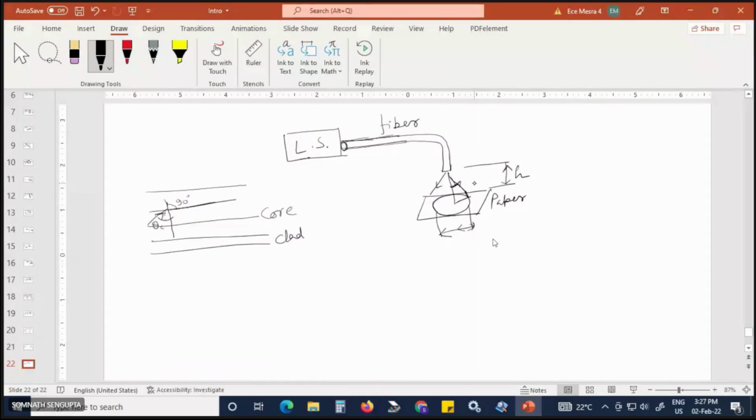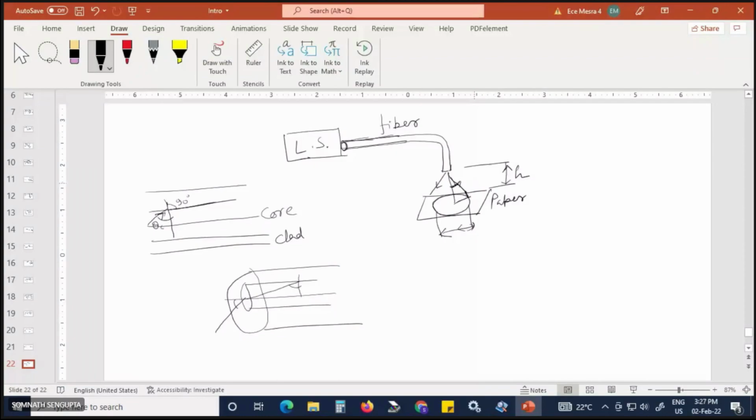If you draw another figure, you could have told. This is the optical fiber, and if light gets entered, then it travels and will be totally internally reflected.